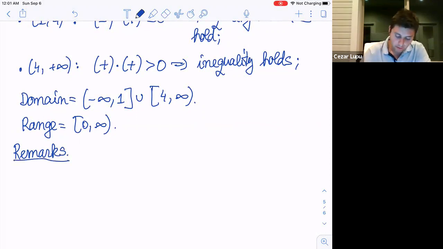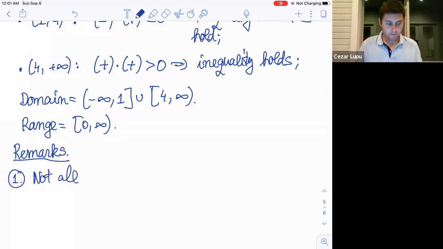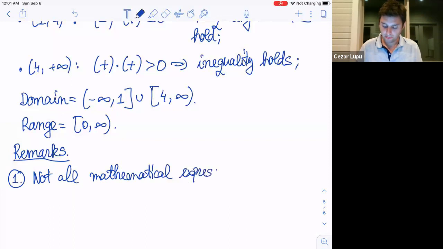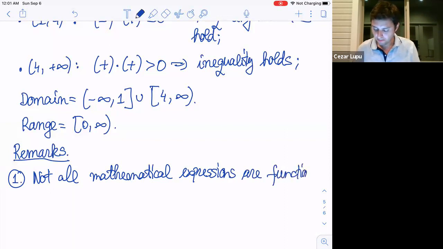Okay, first of all, not all mathematical expressions are functions. So let's keep that in mind.